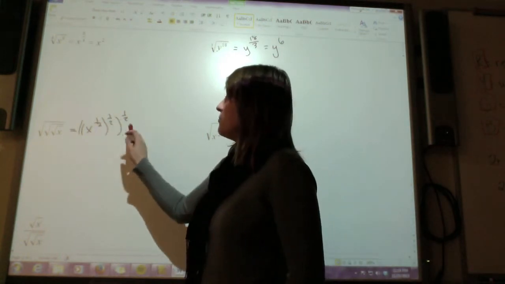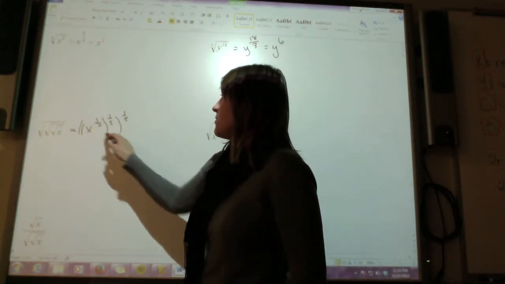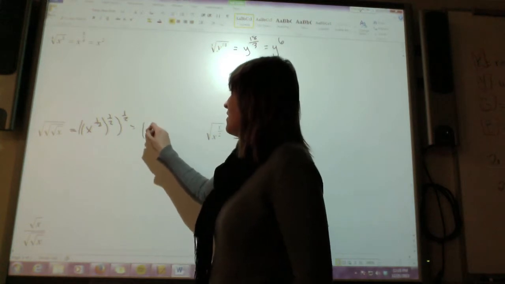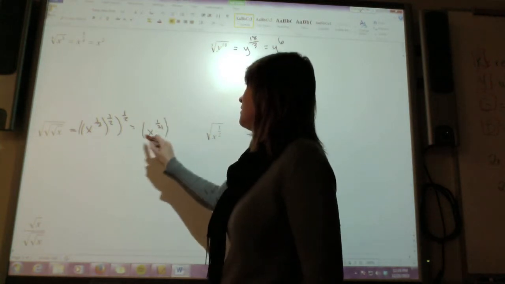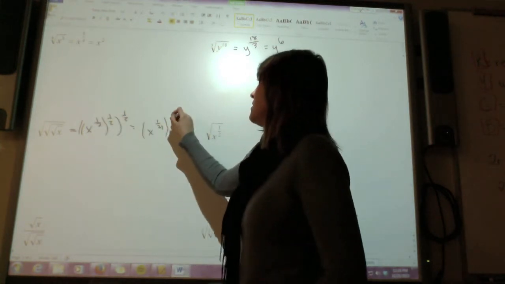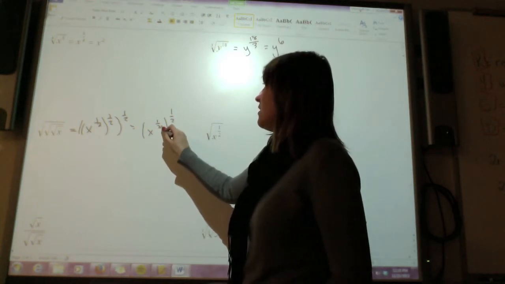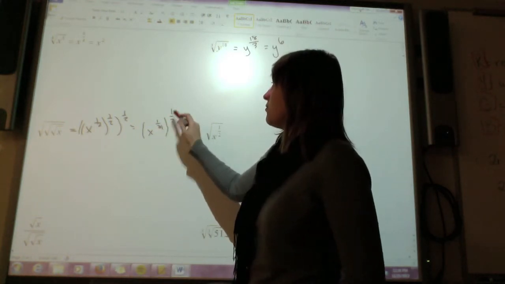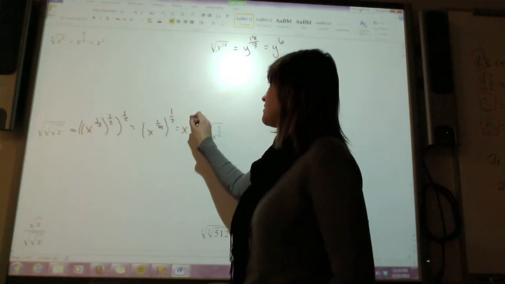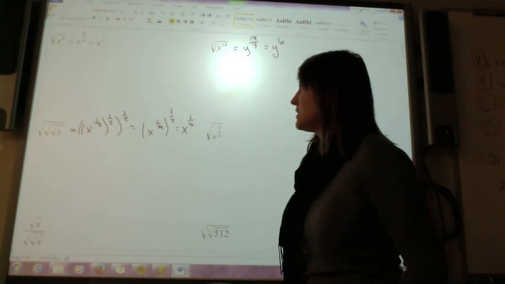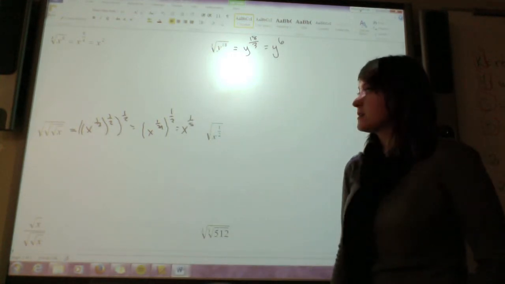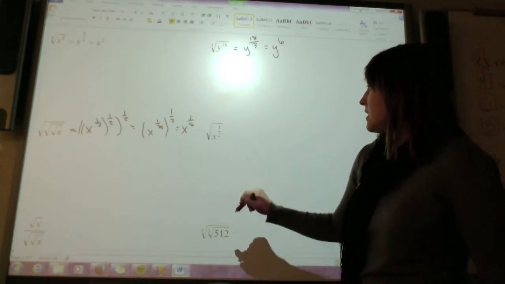Remember that power to a power is when you multiply. So I have x to the 1/4, that's me combining these two, then that's to the 1/2. And then if I do it again, 1/4 times 1/2, that's just going to be x to the 1/8. So that's the same thing as the 8th root of x.